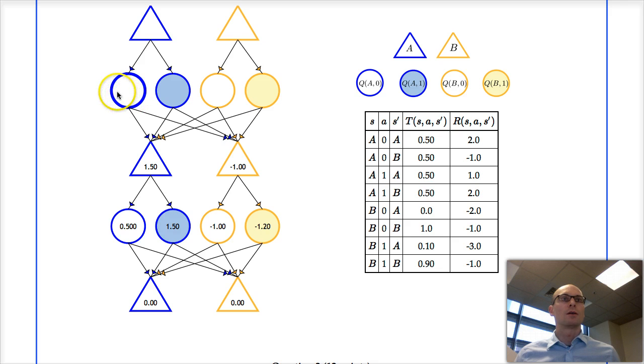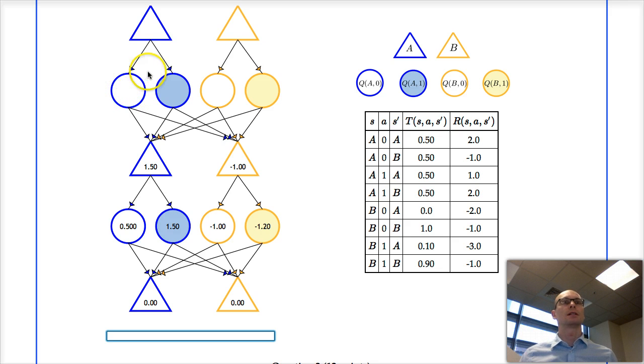Okay, now we're again one level up in the value iteration process. Here we are in state A. We took action 0, and we are now in this part of the table. So there's a 50% chance of going to A, 50% chance of going to B. So we have 0.5 times the reward for going to A, which is 2.0.